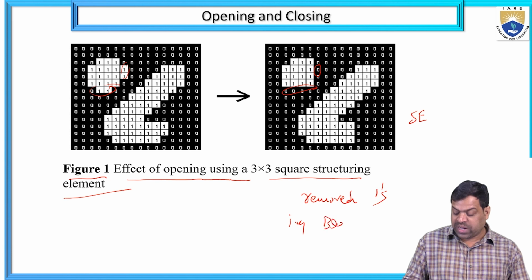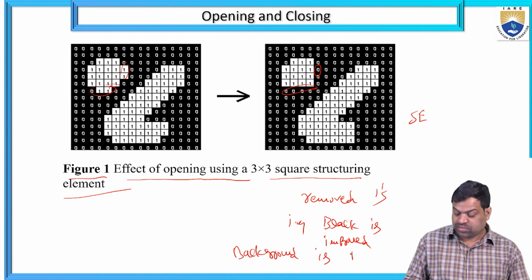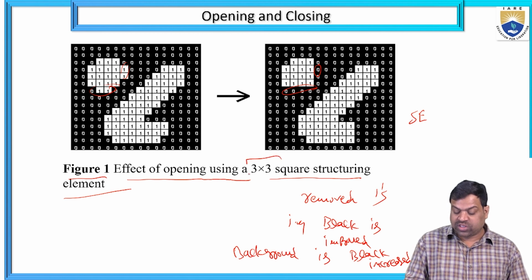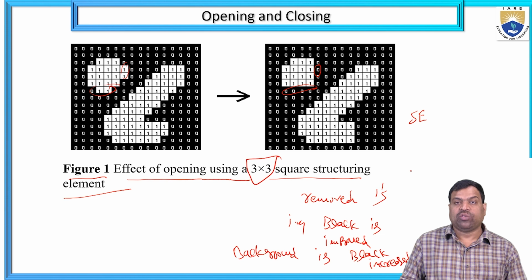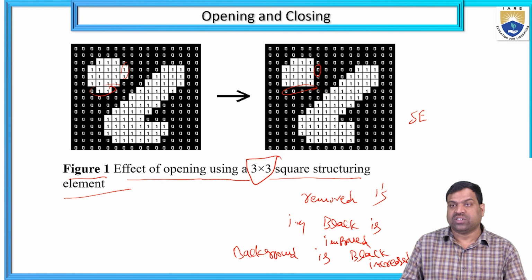That means black is improved, that means the background is increased. So when I'm going for the 3 by 3 square structuring element, the background of black is improved. Why? Because I've applied the opening. That is the important thing about opening: the foreground of white is reduced and the background of black is improved.